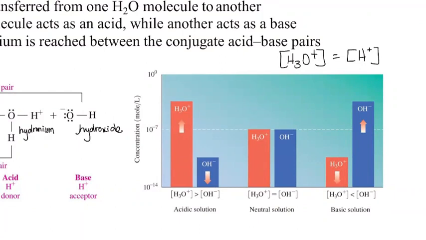So again, in an acidic solution, your concentration of hydronium ions is higher compared to hydroxide ions. If we have the same concentration of hydronium and hydroxide, then we have a neutral solution. And lastly, if your concentration of hydroxide is higher than that of hydronium, then that is said to be a basic solution.